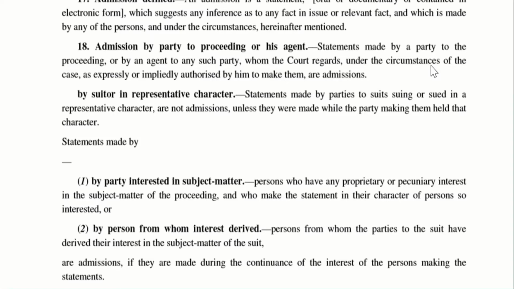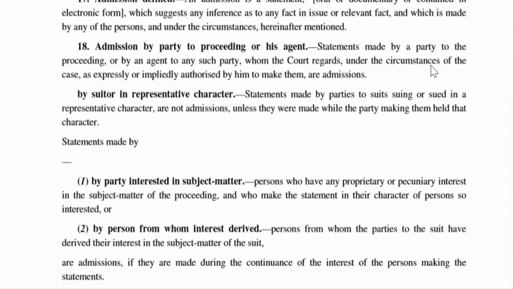So he gives a power to his brother, and his brother goes to the court and appears in the case. If a statement is made by his brother, it is deemed to be an admission. Now the person who is hospitalized cannot come and say, no, I didn't mean to say this, my brother has said this by mistake. That cannot be considered. This statement will not be accepted by the court.